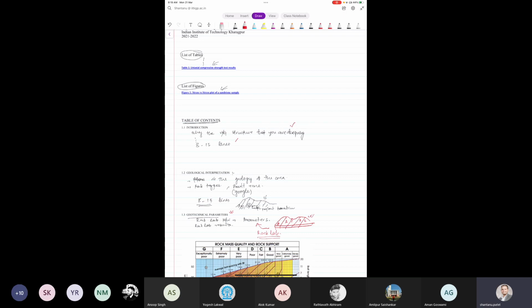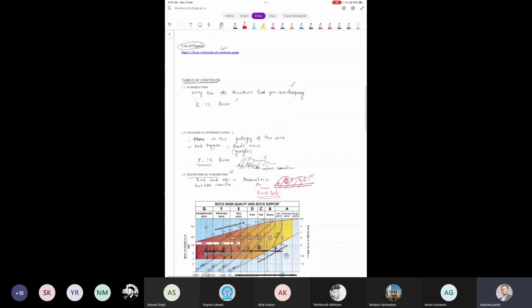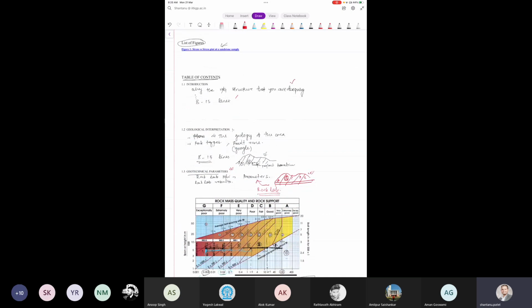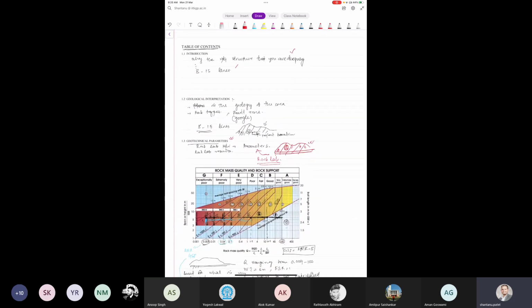So here we will just consider, let's say, type B, the homework we have submitted. The only thing we are going to do is choose different Q ranges for the same rock type. The Q range varies from 0.004 all the way up to 100.